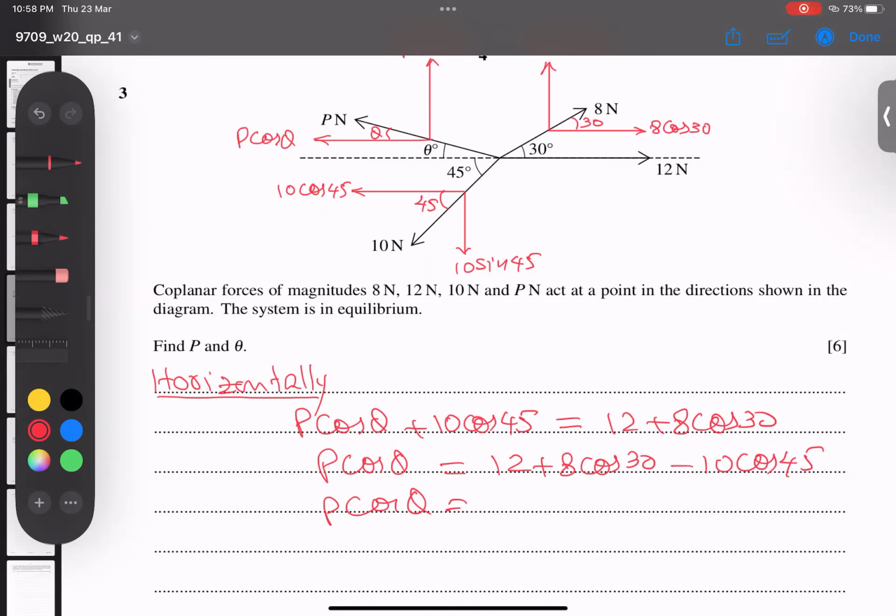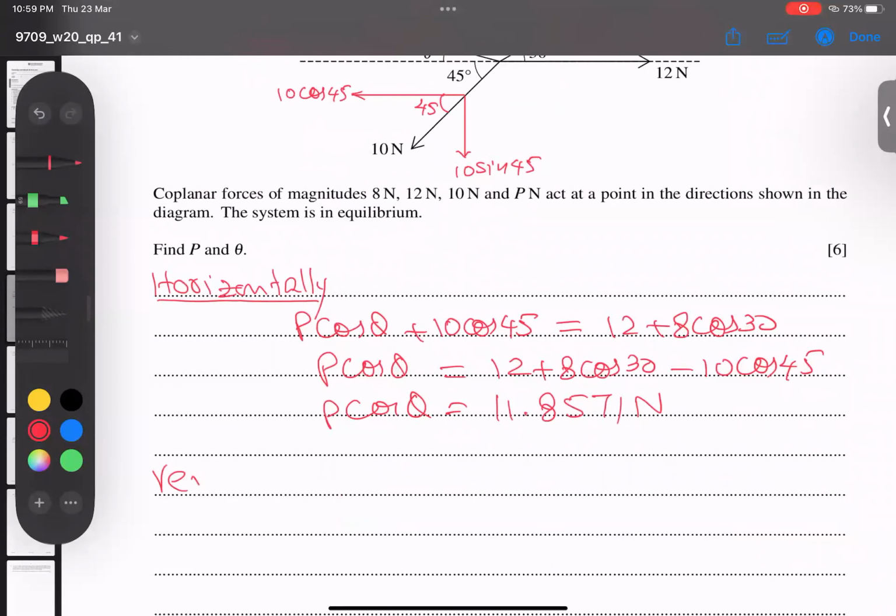Okay, 12 plus 8 times 2 cos 30 minus 10 times 2 cos 45. I believe the point is very clear. I'm getting 11.8571 newtons.